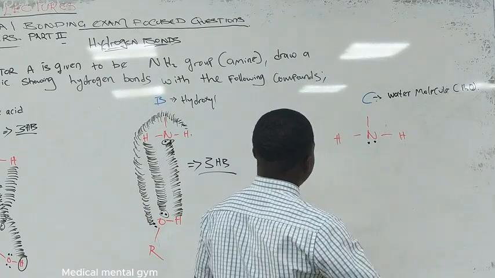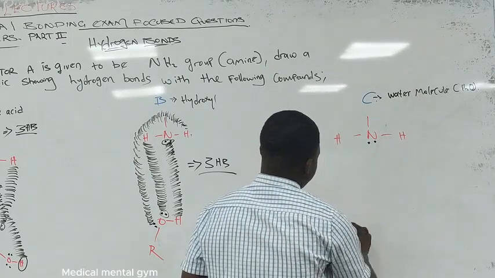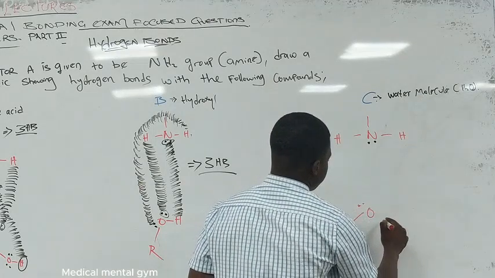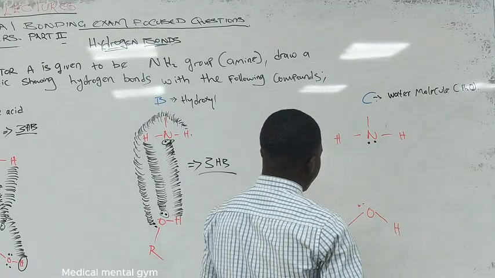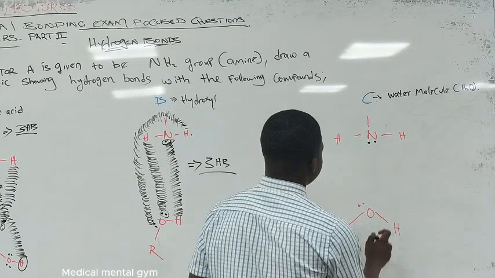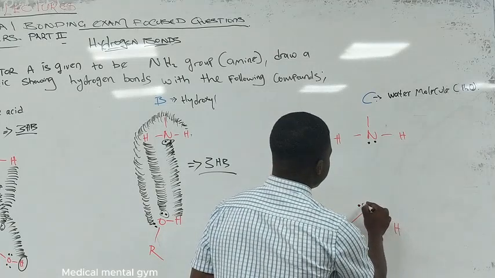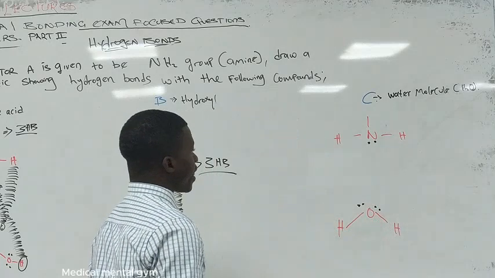And we include our water molecule: hydrogen, oxygen. So we want to find the maximum number of hydrogen bonds this water molecule is able to produce when reacted with an amine, which is the receptor subtype.